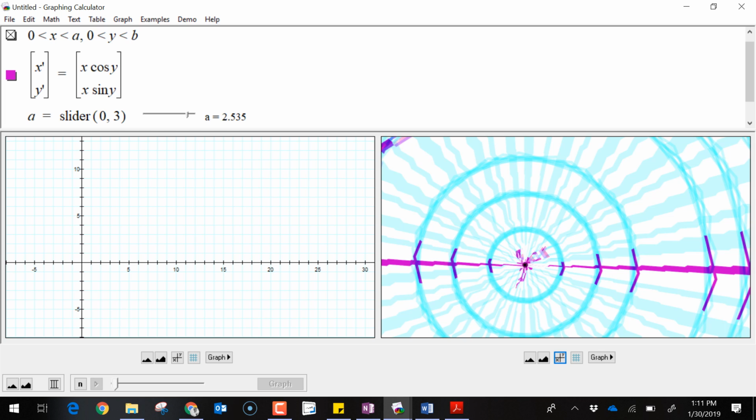So the idea is that the vertical lines here actually turn out to be circles, concentric circles. And the horizontal lines here turn out to be rays coming from the origin in a lot of different directions.